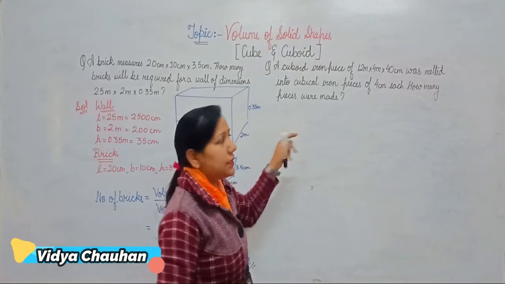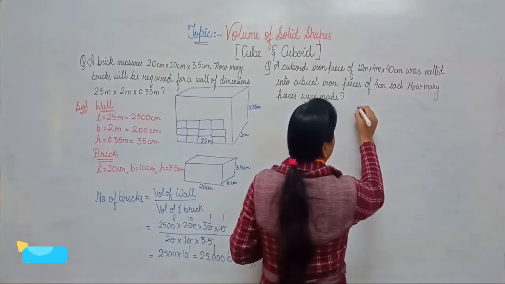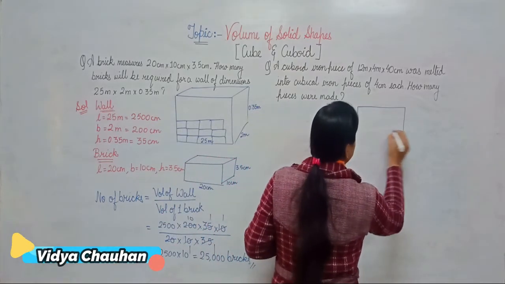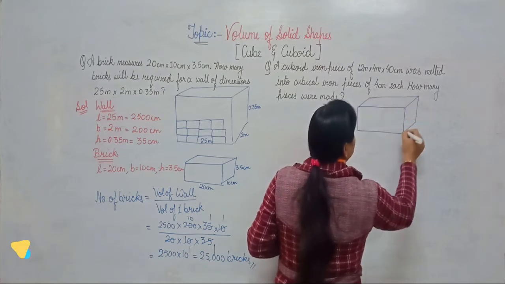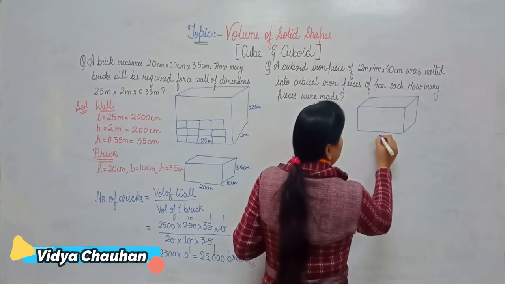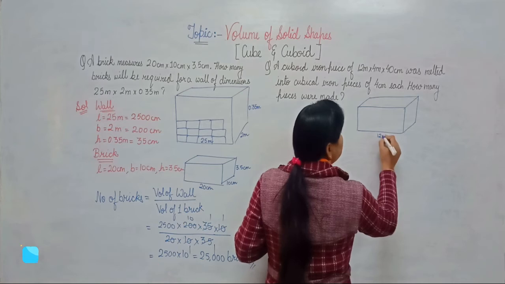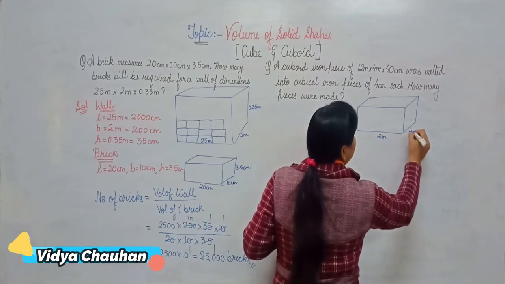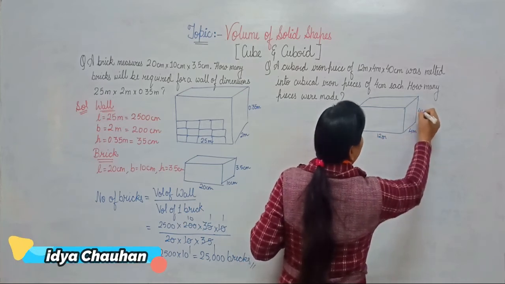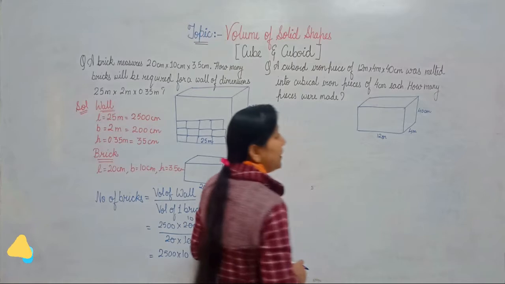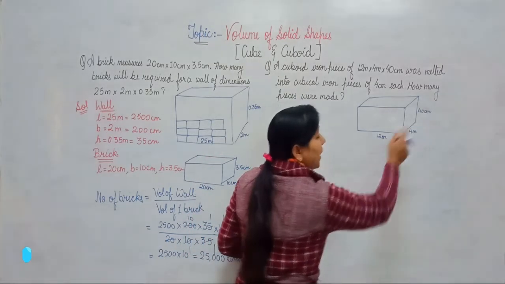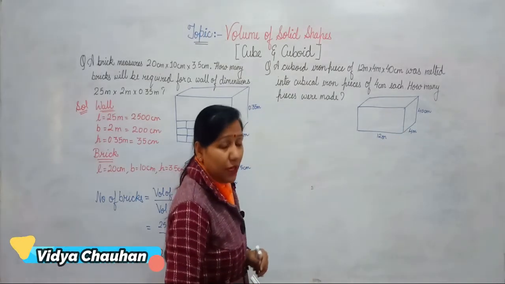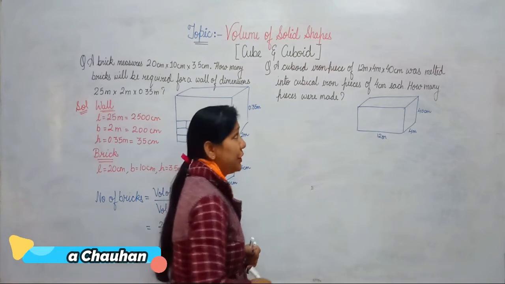So out of this cuboidal iron piece which we have melted, how many such cubical iron pieces of 4 centimeter will we get? Very first, if I draw the figure for both, suppose this is our cuboidal iron piece whose dimensions are 12 meter in length, 4 meter in breadth, and 40 centimeter in height. Once again you can see length and breadth are in meter, whereas height is in centimeter. So definitely we need to do the conversion.